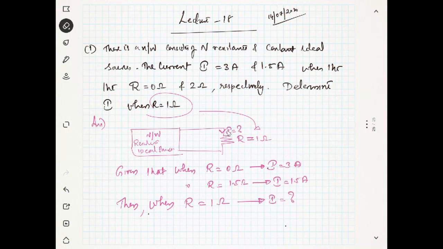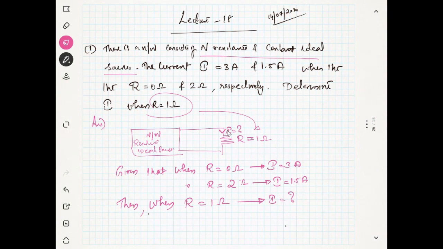Sorry, it is 2 ohm. Okay, sorry. So here 2 ohm. So when R equal to 0 ohm, the current was 3 ampere. When R equal to 2 ohms, the current was 1.5 ampere. Then what will be the current when R equal to 1 ohm? And this is a network which contains a lot of resistances and constant ideal sources.